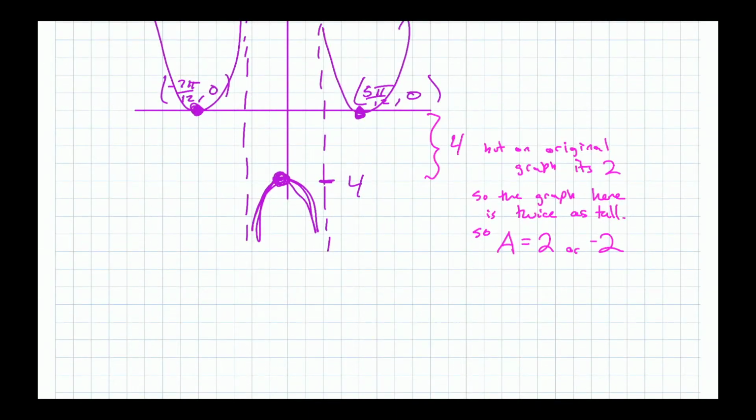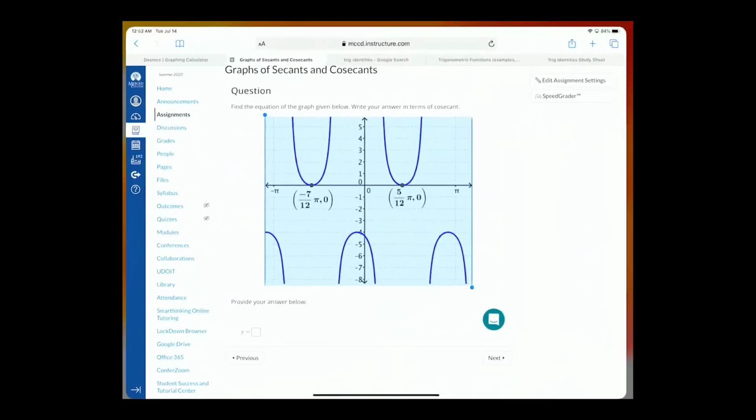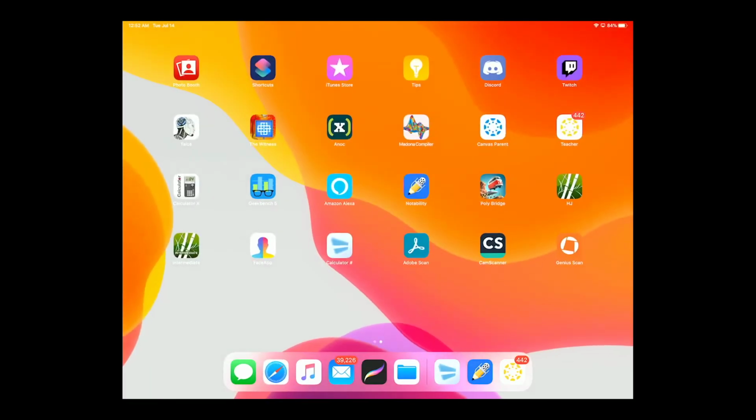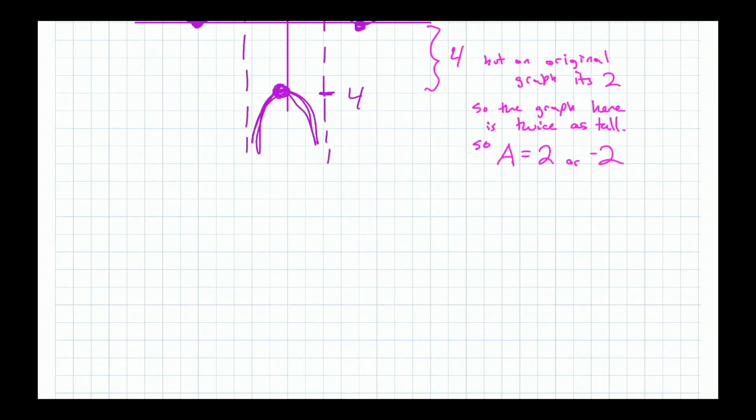Now, for B, we need to know how much it's shifted left or right. Well, we need to know what kind of graph we're using. So look at the problem here, and it says we're doing this with a cosecant, right? So we should be comparing our graph to a cosecant.